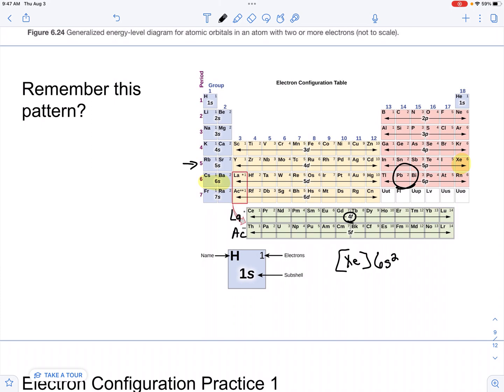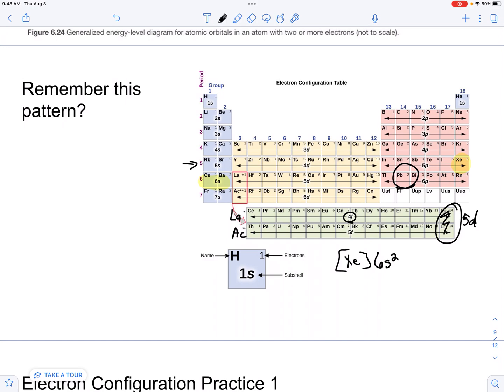Wait a minute, what is going on? Oh, this is fantastic. I just noticed whoever did this table made a mistake here, and these are actually in the 5d, but it doesn't matter. We rarely ask you to go there anyway.